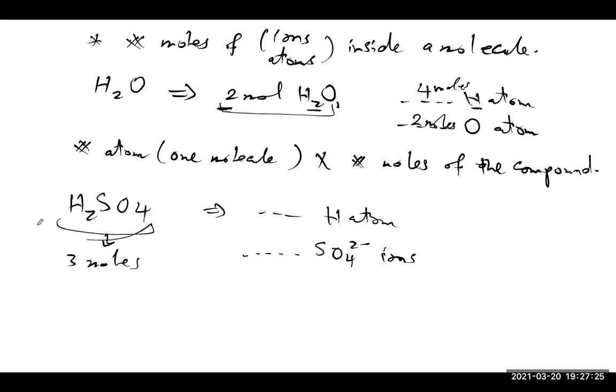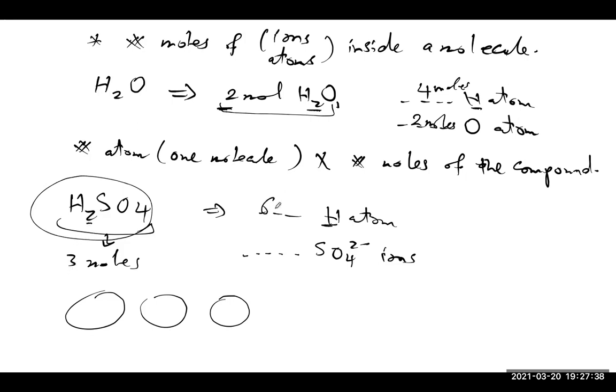So if you have 3 moles of H2SO4, it means you will have 3 times the number of hydrogen atoms. For each one, we have 2, so 2 times 3, so it will be 6 moles of hydrogen atoms or hydrogen ions. For SO4, for each one we have 1, and we have 3, so it will be 3 times 1, which is 3 moles of SO4.